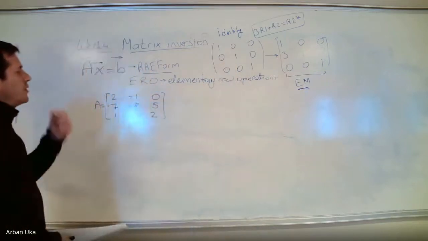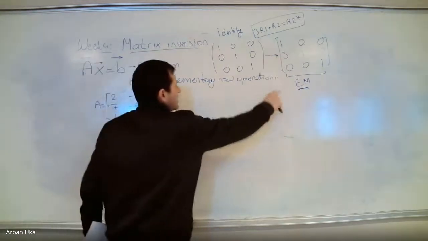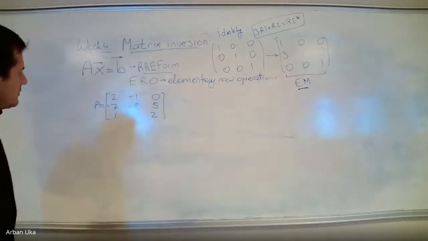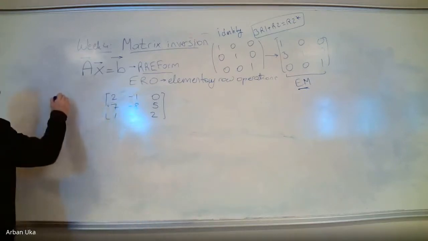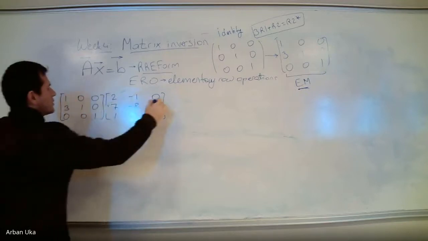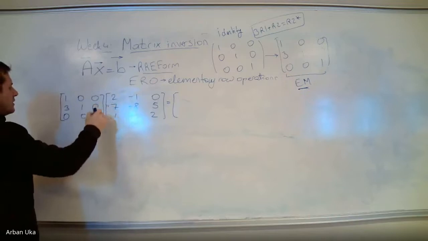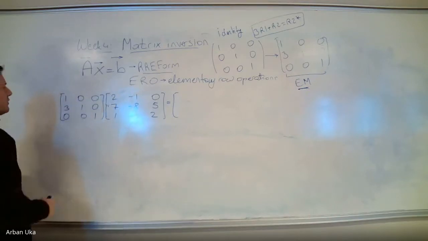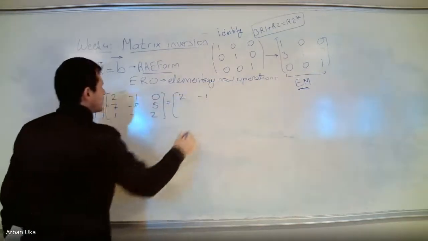So now, for a moment, let's multiply this matrix A by this elementary matrix, 1, 0, 0, 3, 1, 0, 0, 0, 1, and see what we get. Multiplying these together, 1, 0, 0 times this column gives 2. 1, 0, 0 times the next column gives minus 1.